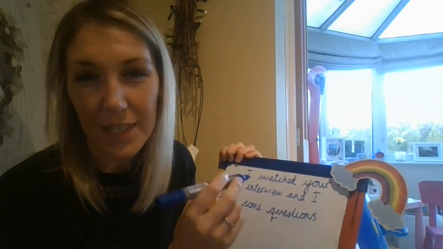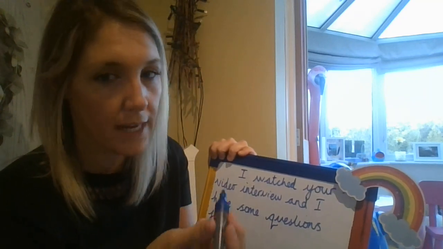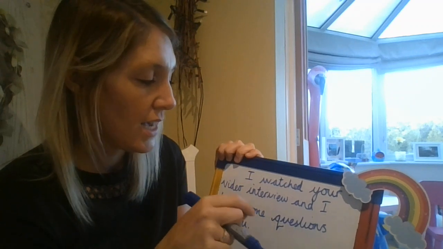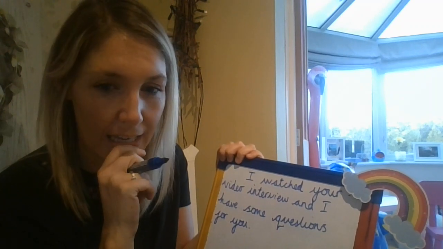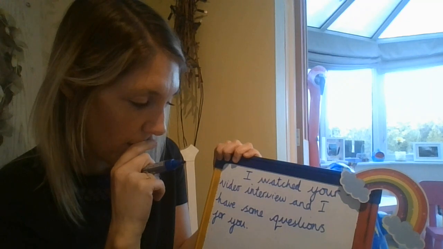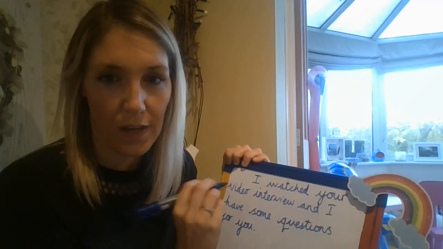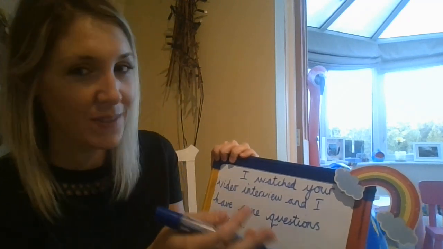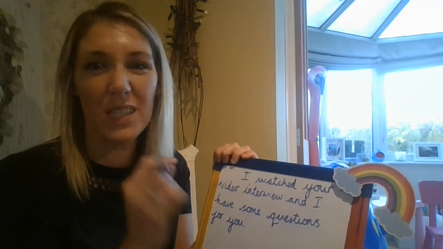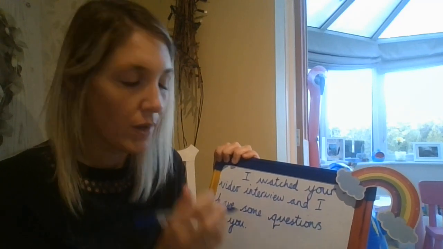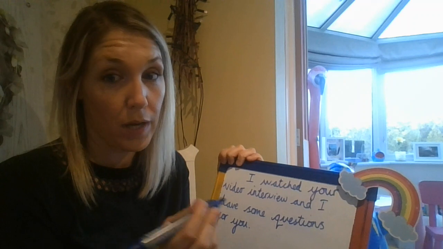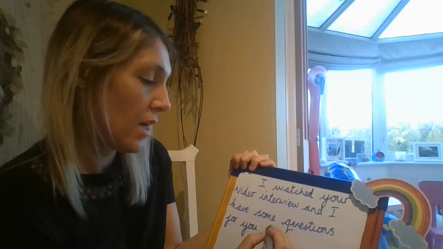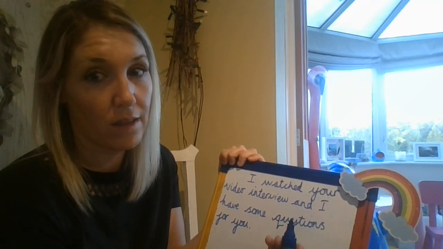Now, what I did like when we wrote to David Attenborough, what I really liked was some of you said things like, I have got some questions for you. Are you ready? Well, here goes. You know, that was quite nice because it put your own little spin on it that really made it sound like you. So just remember as you write a question, okay, capital letter, and then it must end with a question mark.